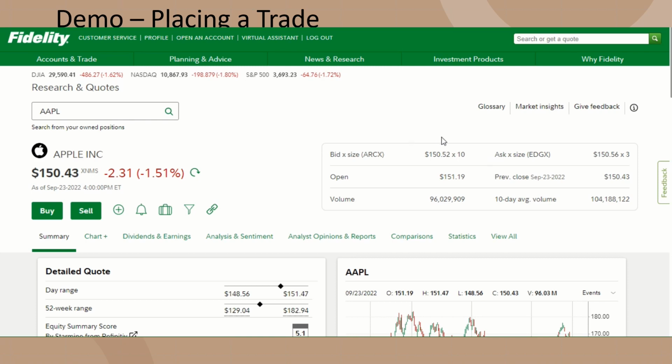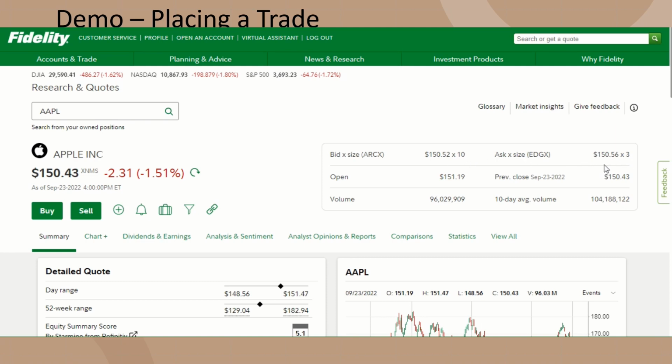In this case, it is $150.52 and the lot size is 10. And ask is the lowest price that a seller is willing to sell the stock. In this case, the seller is willing to sell at 150.56 and the lot size is 3.